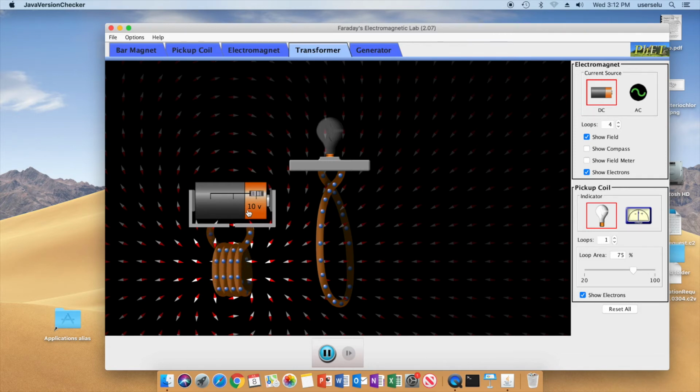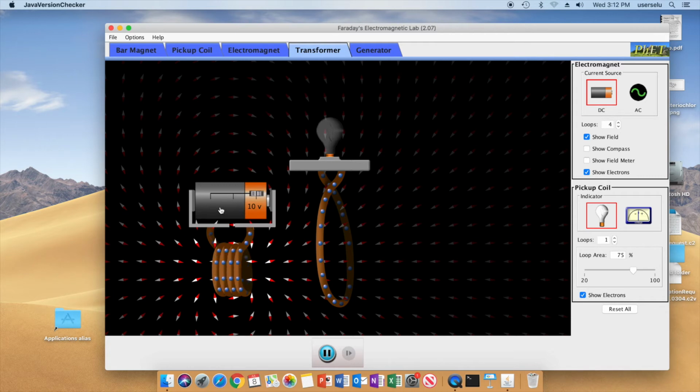So I would have a circle with a dot coming out at the top, and a circle with an X going in at the bottom to indicate the direction of current flow. That would mean inside the turns of the primary, I would have the magnetic field pointing to the right.